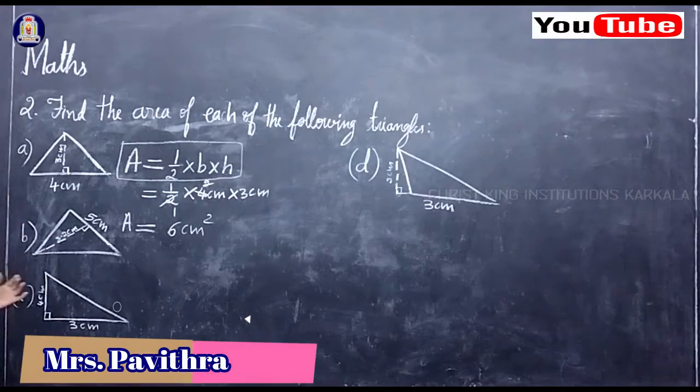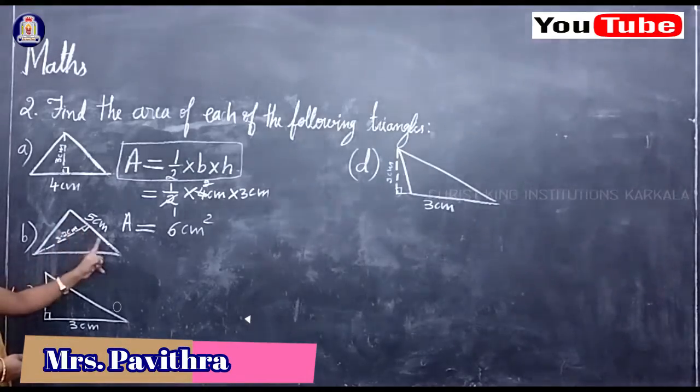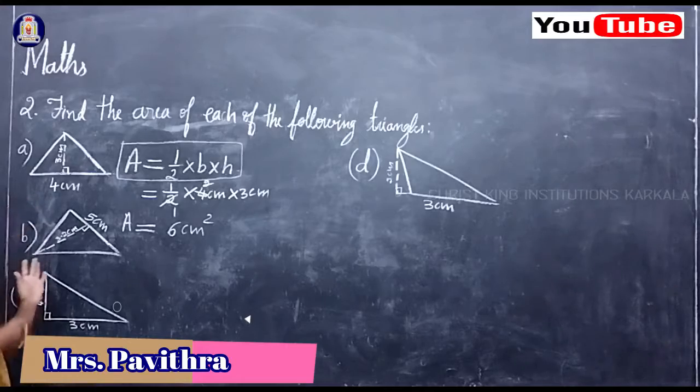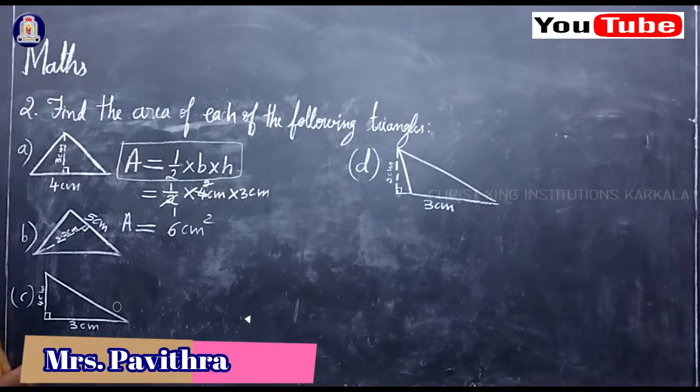Now the second one, you also have to find the area of the given triangle, but in this the base is here, base is 5 centimeter. You have to consider this as the base of the triangle. The triangle is given like this, isn't it? So 5 centimeter is the base and 3.2 centimeter is the height of the triangle.